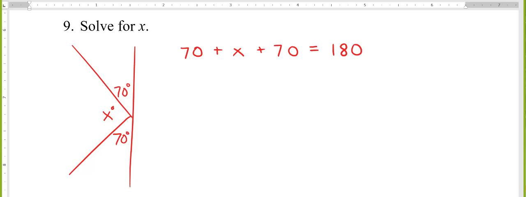Okay, we need to collect some like terms here on the left. What's 70 plus 70? 140. Perfect, 140. So we have 140 plus x equals 180.